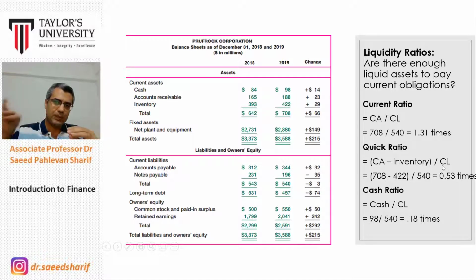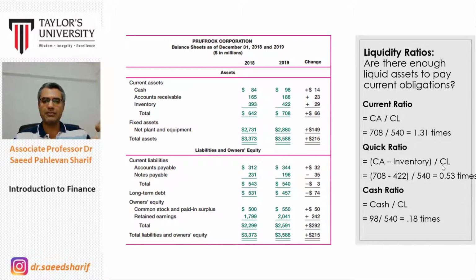It means we put aside inventory, and then whatever current assets we have, we divide by current liability to see to what extent we are able to cover our current liability using our current assets excluding inventory, because we know we can't convert inventory into cash quickly, right?